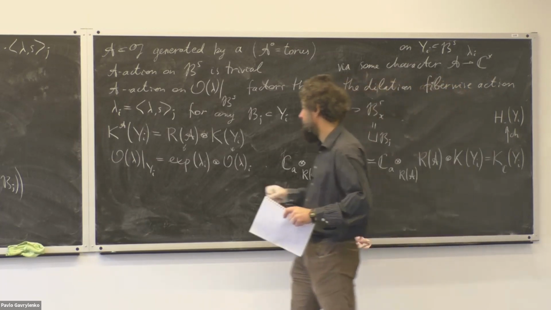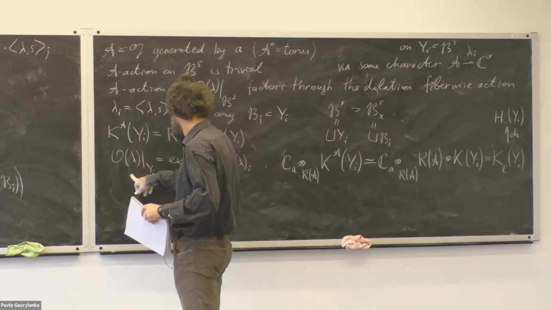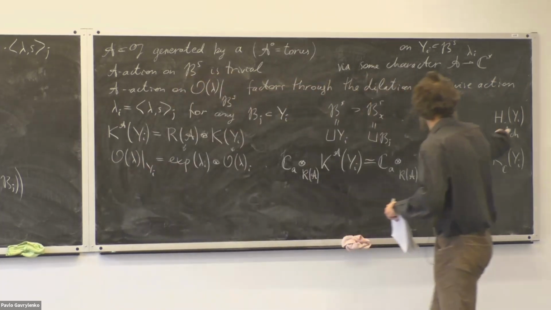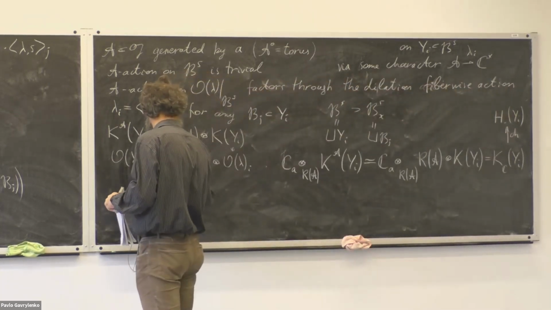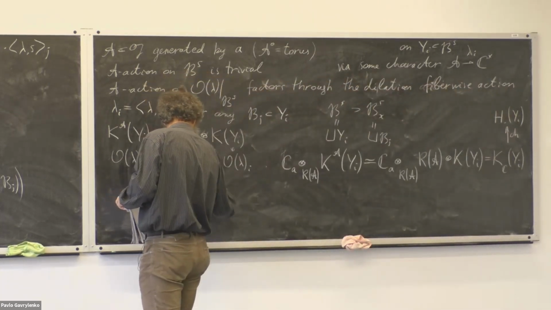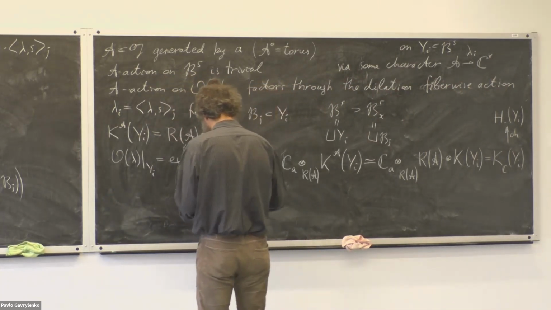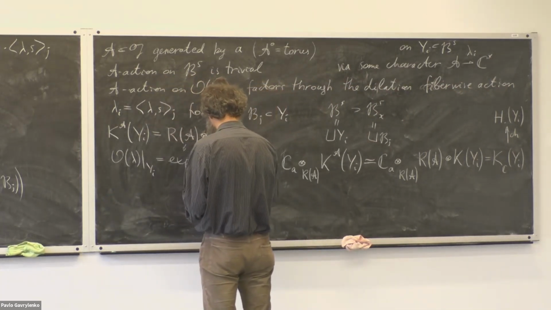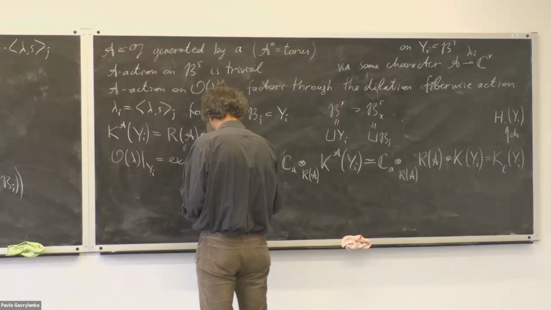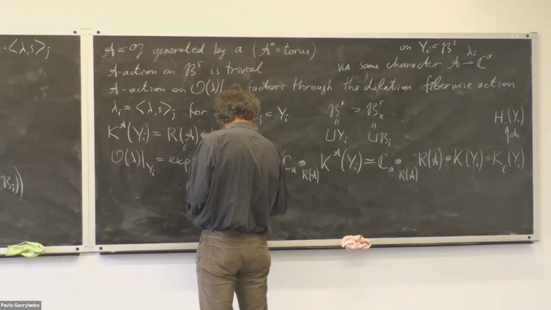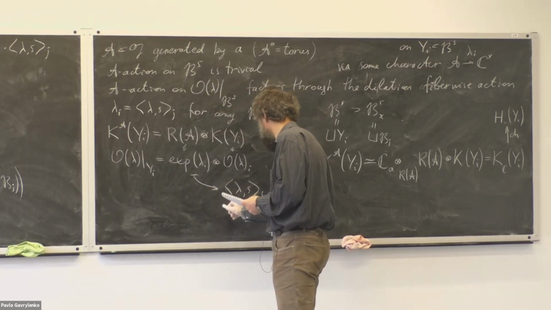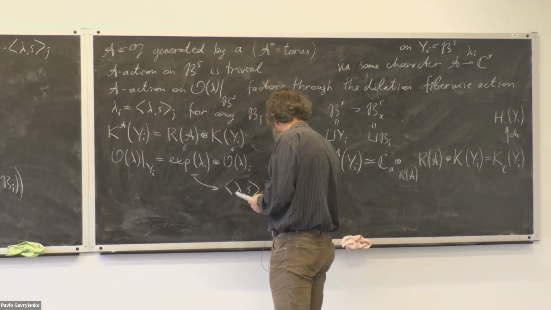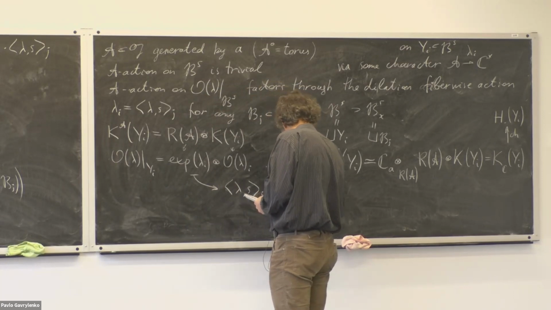And if we now take this element in here and go all the way through, then this element goes to this pairing number on the b_j-th component times the Chern character of O(lambda) restricted to Y_i.